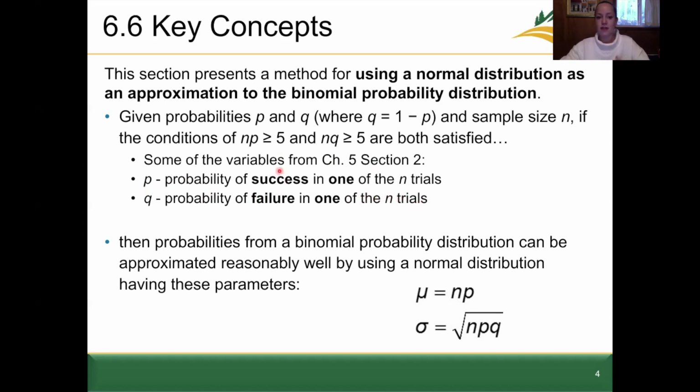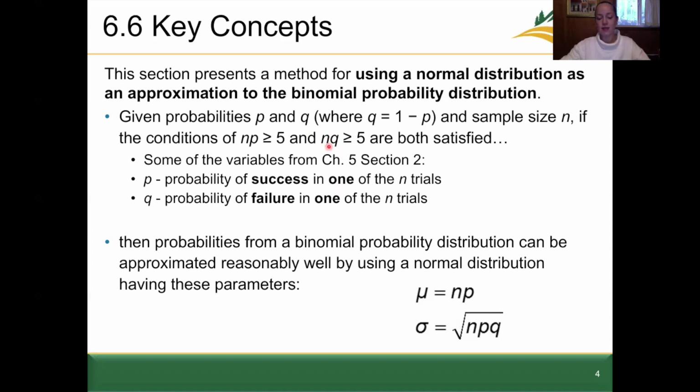Okay, so we have to determine, are these requirements satisfied? Take the number of trials n times the probability of success in one of those trials, so that's p. Take n times p, see if that's greater than or equal to 5. Then we also need to check this requirement, the number of trials n times q, where q is the probability of failure in one of the n trials.